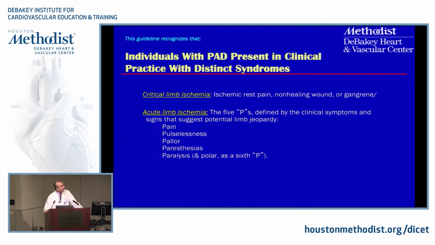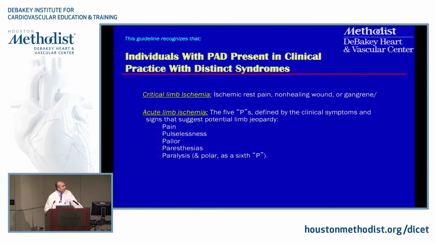Also important to keep in mind are the differences between acute limb ischemia and chronic limb ischemia. Critical limb ischemia means that there's ischemic rest pain, non-healing ulcer, or gangrene. And when you have acute limb ischemia, you have the hallmark of the classic 5 Ps.